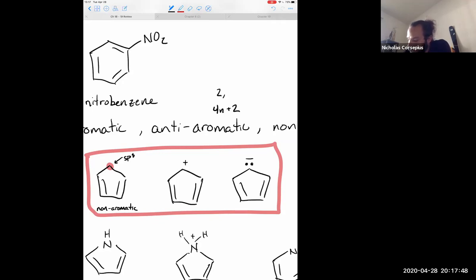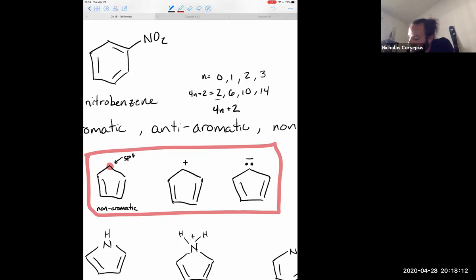If n equals 0, 4n plus 2 is 2. If n is 1, 4n plus 2 is 6. 2, 10. 3, 14, et cetera. All right, so that 4n plus 2 is really just a shorthand for a series of numbers.